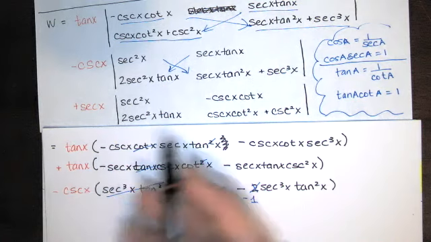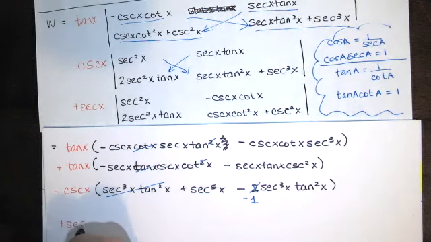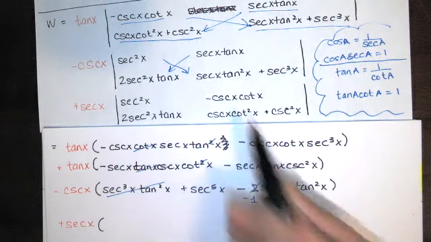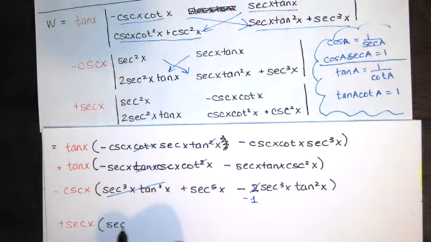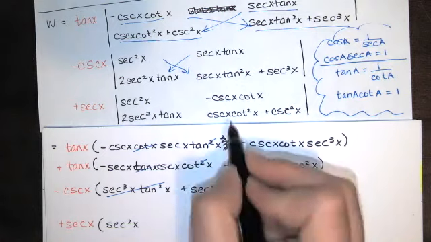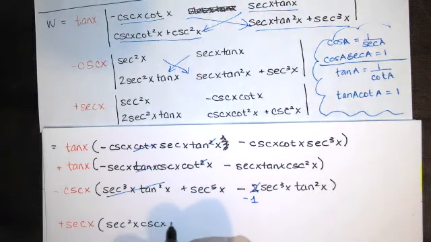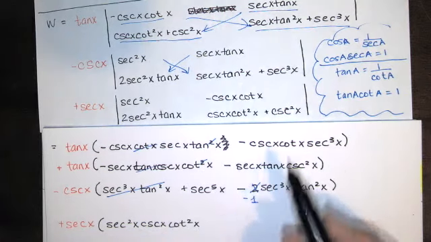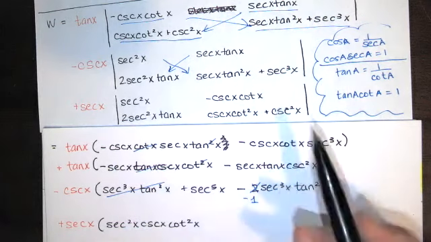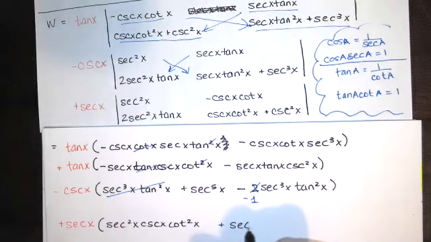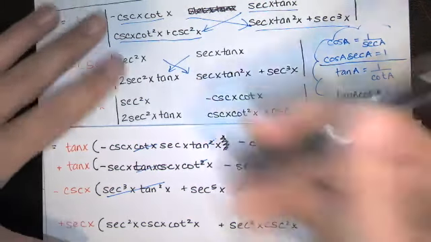Keep going. And then the last one we've got plus secant of x times this times this. We've got secant squared x times cosecant of x times cotangent squared x. And then I've got secant squared times cosecant squared. Let's cross that diagonal.